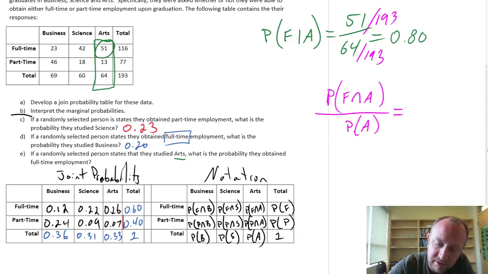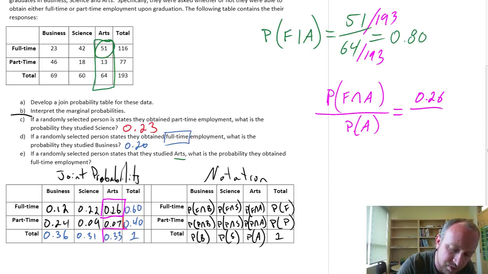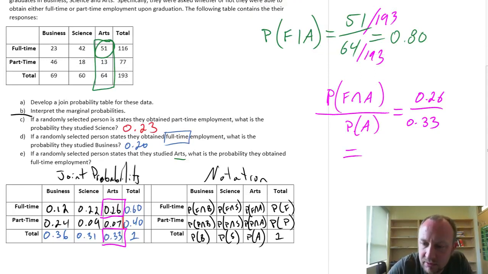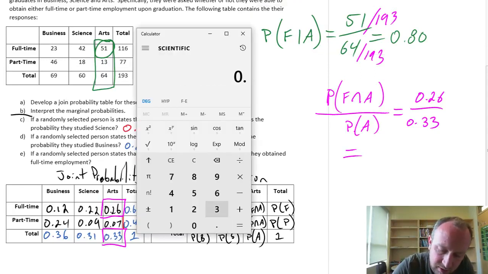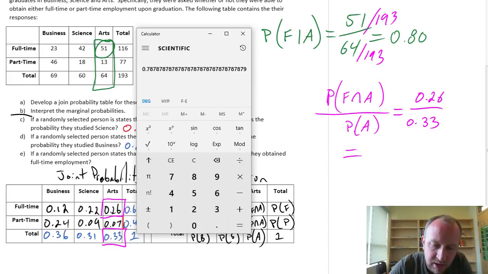So this is going to be equal to 0.26 divided by 0.33, and that's a little bit more of a rounding error in there, but we're still in the right ballpark.